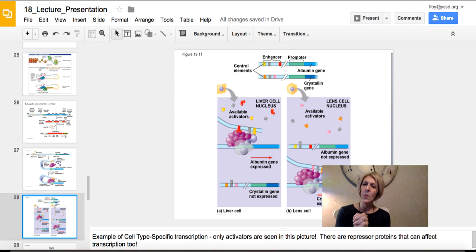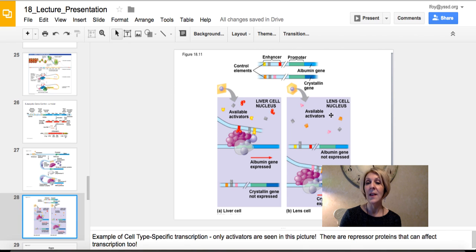So remember when I was talking earlier about how cells are different because of the different proteins that they make? Well, here's a great example of cell differentiation. So here we have a liver cell, and one of the proteins that a liver cell makes is something called albumin. Albumin is necessary in our blood because it helps to control the osmotic pressure in our cells and in our fluids.